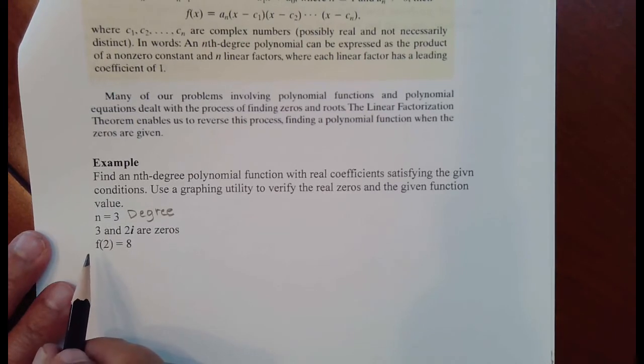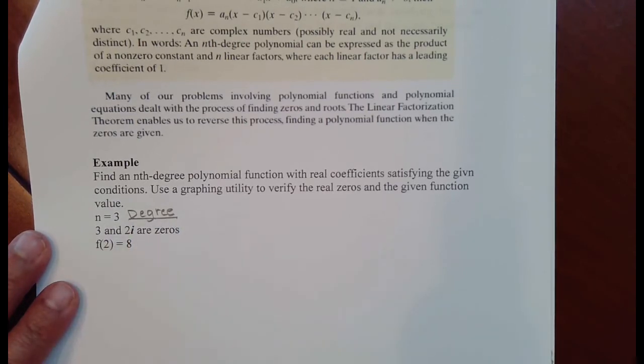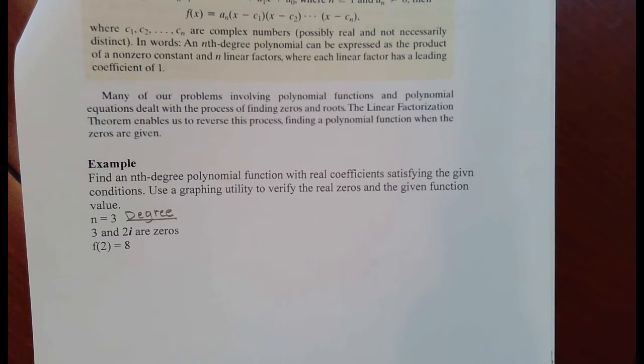Okay, they're giving you 2 of the solutions. You know that if you're of degree 3, you should have 3 answers. But remember, we just read a property about when there are imaginary numbers and complex numbers, they occur in conjugate pairs. Any kind of imaginary numbers or complex solutions.